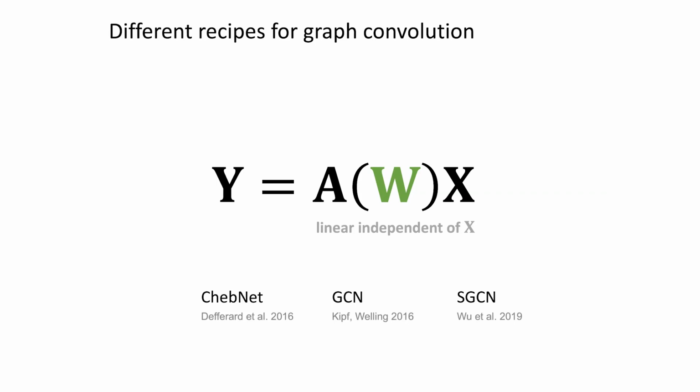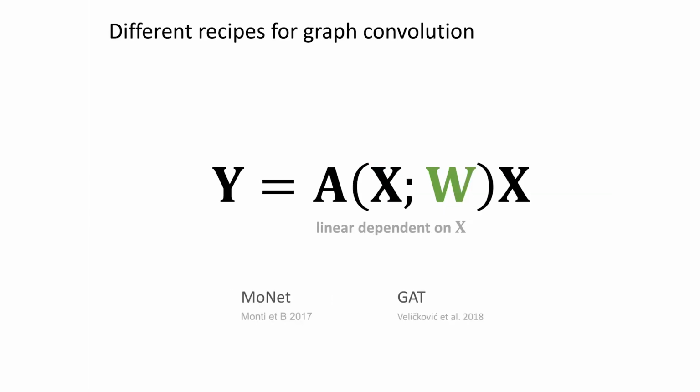And this is how the first graph convolutional architectures, such as ChebNet, graph convolution networks, or simplified GCNs looked like. We can make this matrix still a linear operation, but dependent on the features themselves. So the features will be aggregated as a weighted combination, but the weights themselves depend on the features. And this is how popular architectures such as MoNet or graph attention networks look.